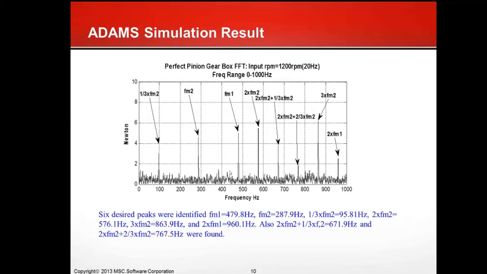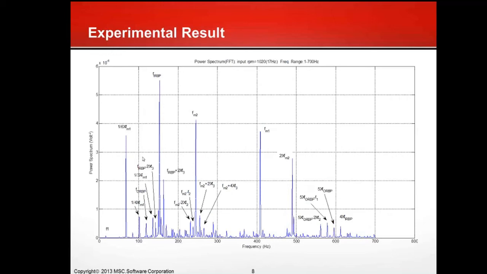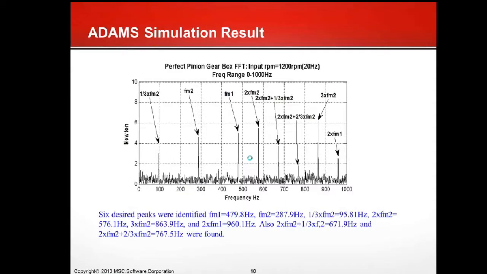In the first range, before all of those peaks, actually, the Adams simulation results match our experimental results if we look back. You will see the majority of the peaks match. So in this way, we can say, yes, our Adams simulation results do reflect some of the practical dynamics behavior. In this system, we didn't simulate the bearing system.